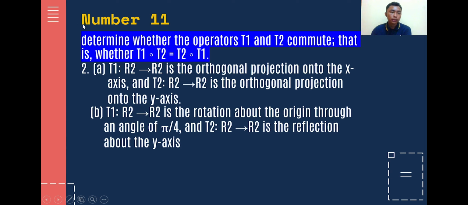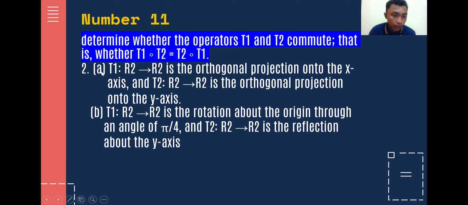And the next is number 11. In number 11 we take the question in exercise 4.10, and we are getting number 2. The question is: determine whether the operations T1 and T2 commute, that is, whether T1 of T2 is equal to T2 of T1.